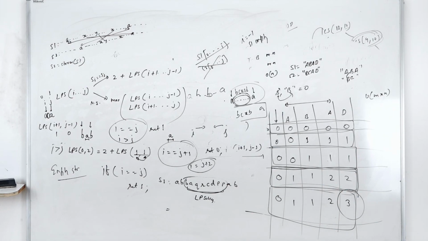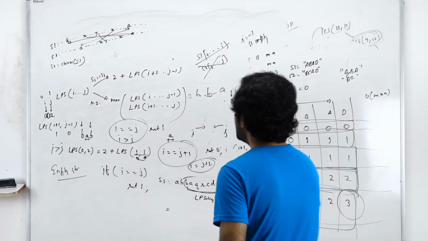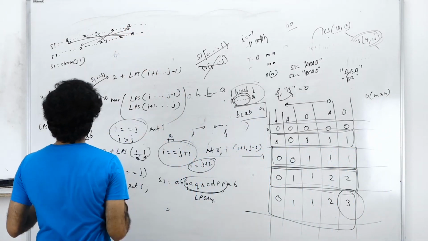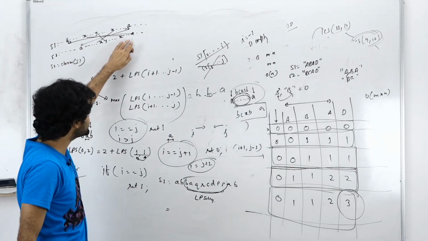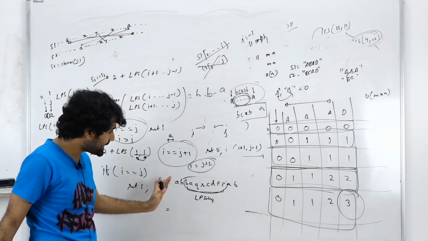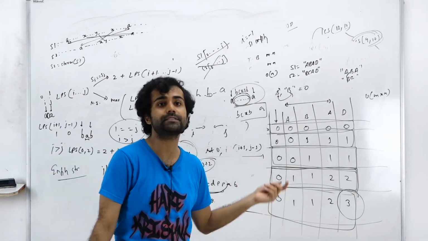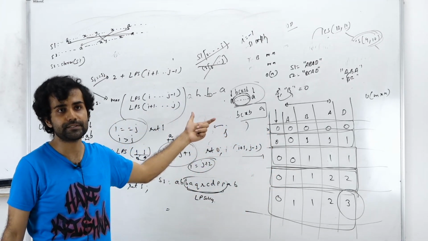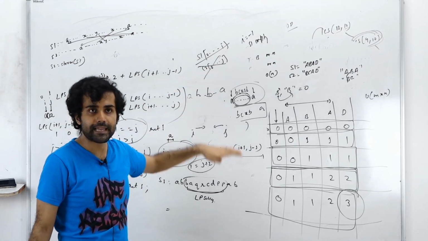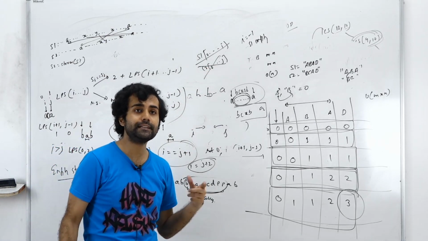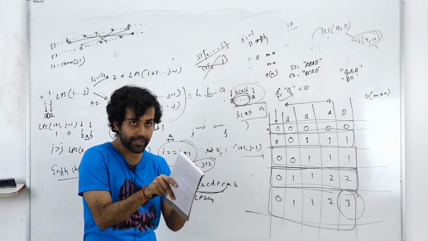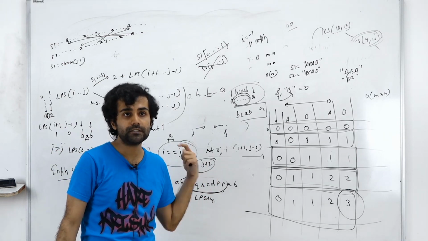So guys, if you see carefully, I take my input, then I think of the different cases that can arise. The cases can be that there is a match or mismatch, and corresponding to different cases there are different recurrence relations. So first I come up with the recurrence relation, and then taking a look at how the indices are moving, I can come up with the termination conditions.